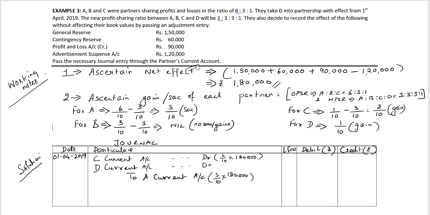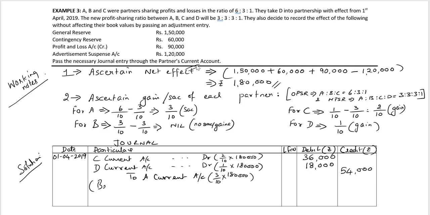And in the case of D, 1 by 10 gain multiplied by 1,80,000 rupees. So we have against C rupees 36,000, against D rupees 18,000, and against A's current account rupees 54,000.